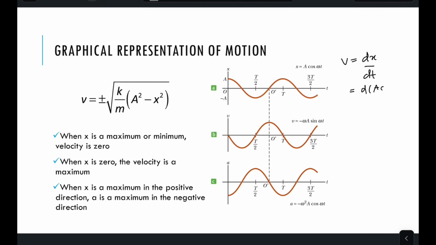So x is A cos omega t over dt. When you differentiate a cos function, because the one that keeps on changing is t, t is part of theta, and theta is a function of cos, so we have to do partial differentiation.